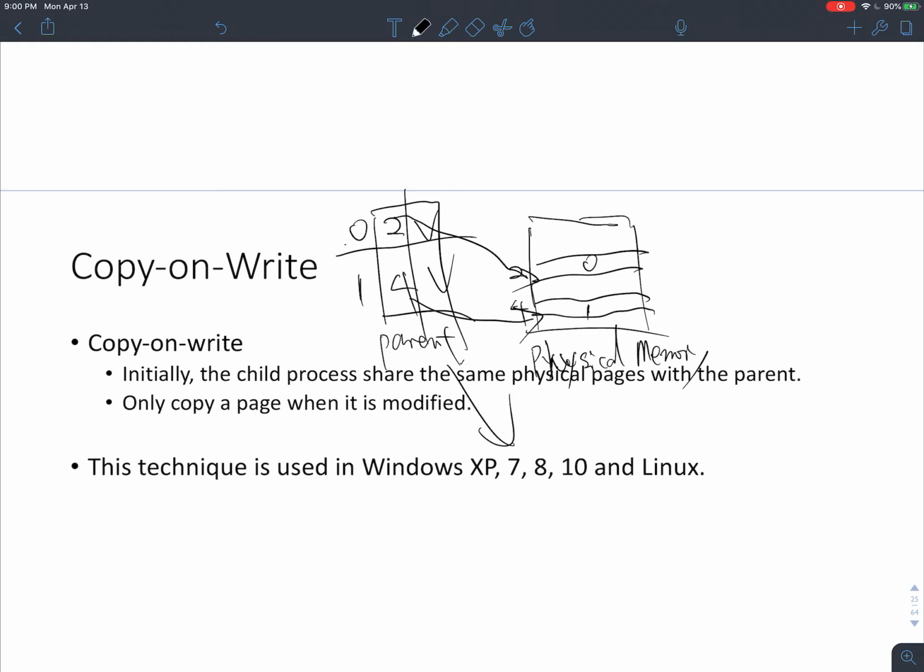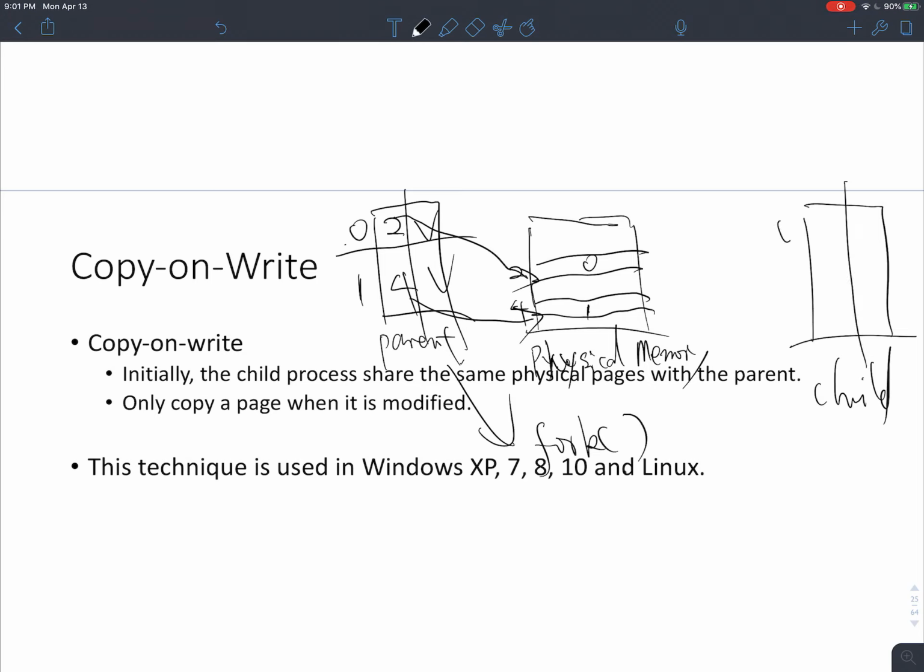When this parent process calls the fork system call, it creates a new child process. The child process is going to copy its parent process's page table. Instead of copying the physical memory space of its parent, it just copies the page table.